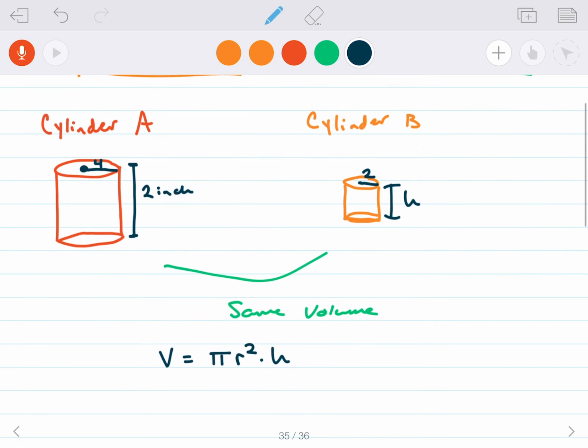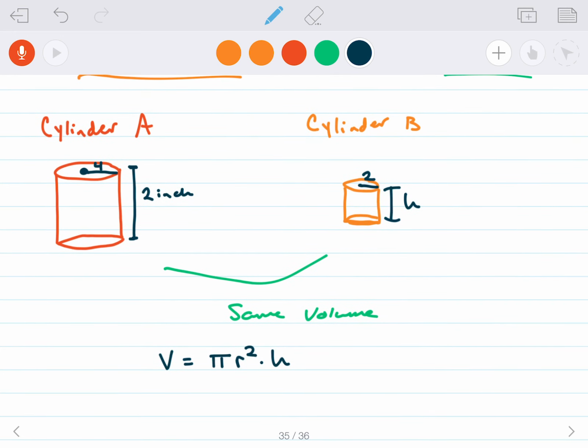Okay, so the volume of cylinder A is going to be pi times the radius, which is 4, squared times the height, which is 2. So the volume of A, 4 squared is 16. 16 pi times 2 is 32 pi. I'm just going to leave it like that for now. So that's the volume of cylinder A.